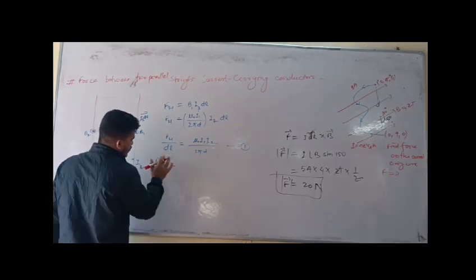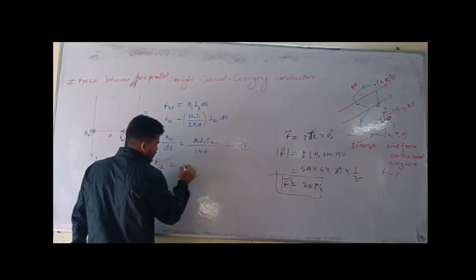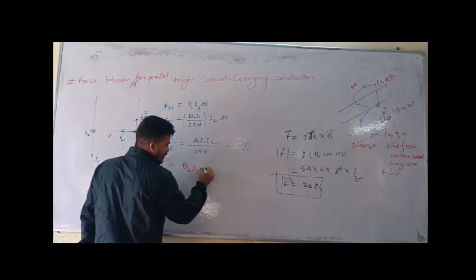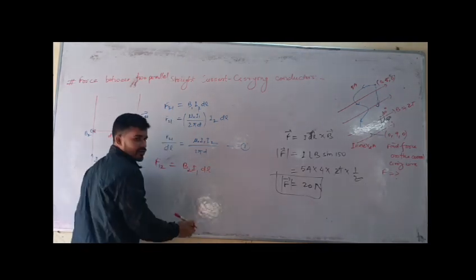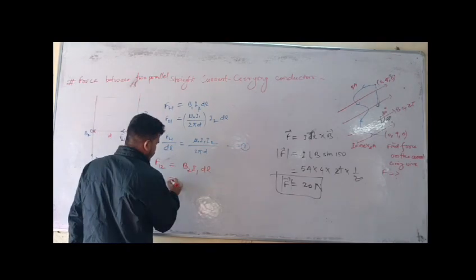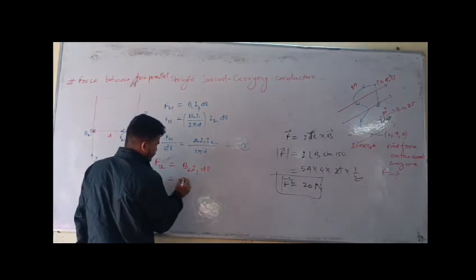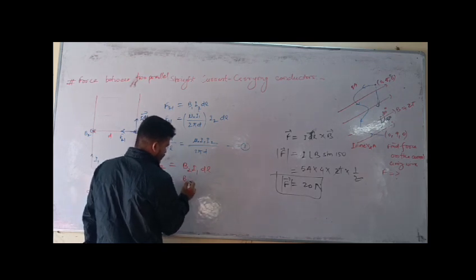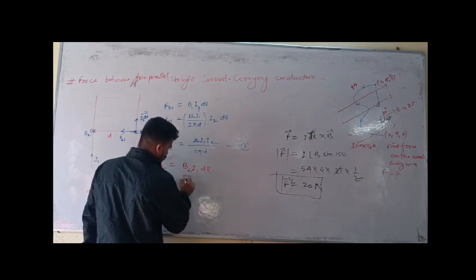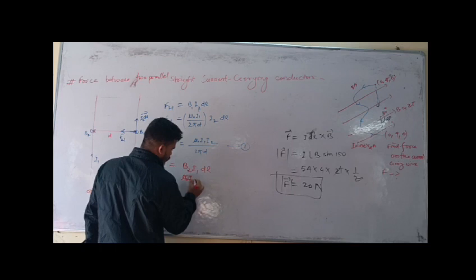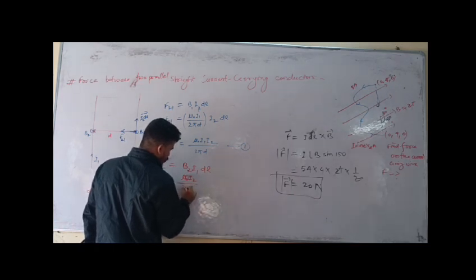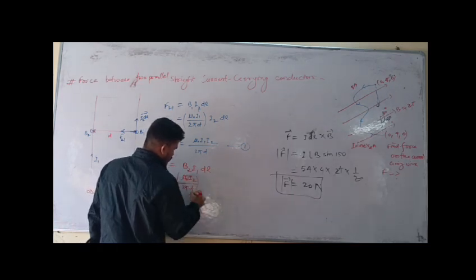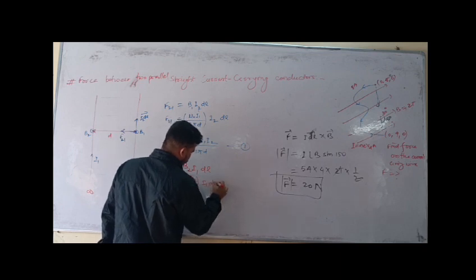Force on first due to second is B2 I1 dl. B2 is mu naught I2 upon 2 pi d, times I1 dl.